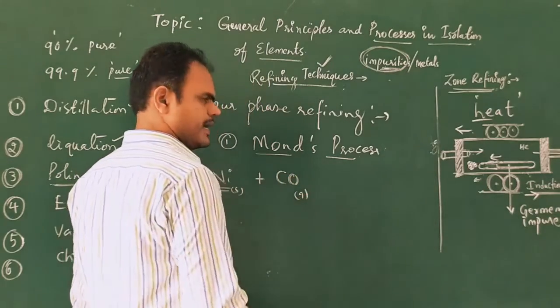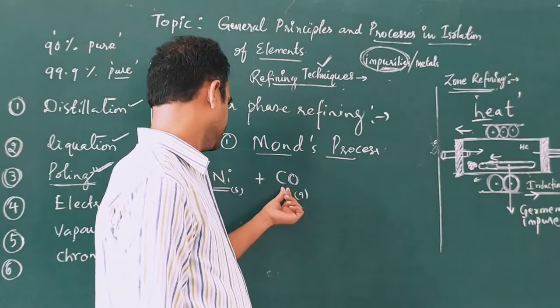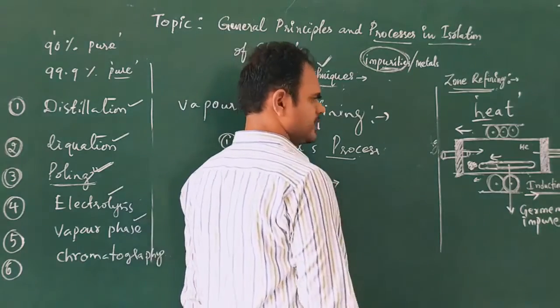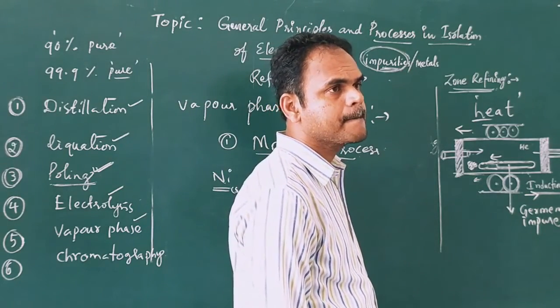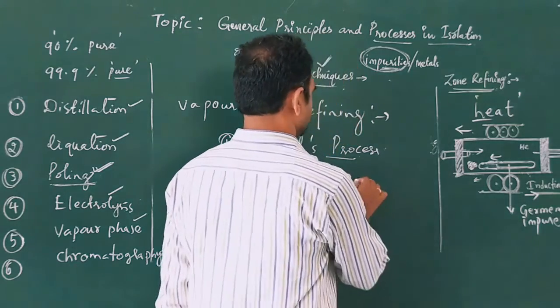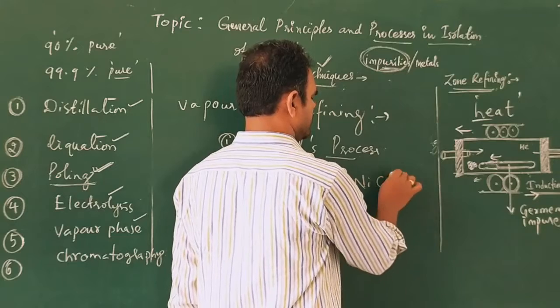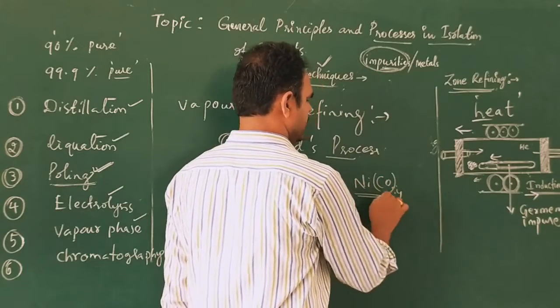When this nickel is heated with carbon monoxide gas, we get a compound. Can you guess what the compound's name will be? The metal complex compound is nickel tetracarbonyl.